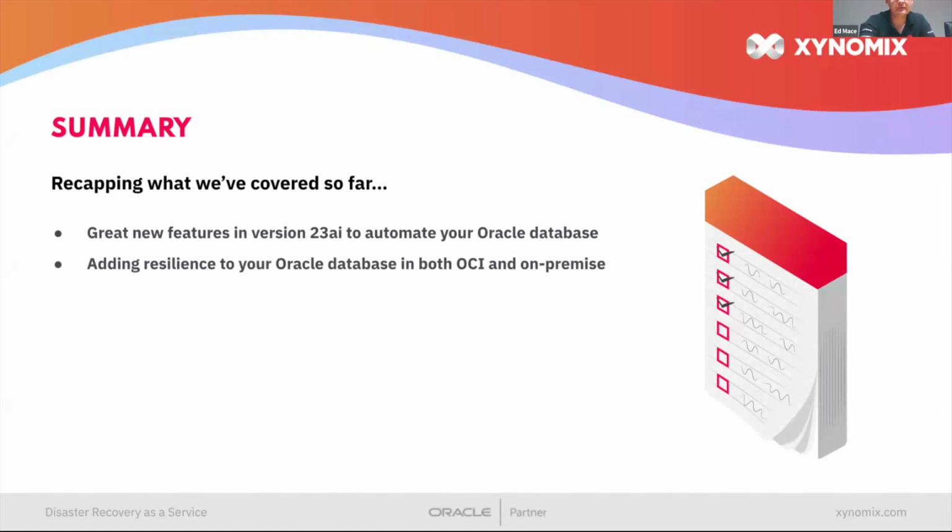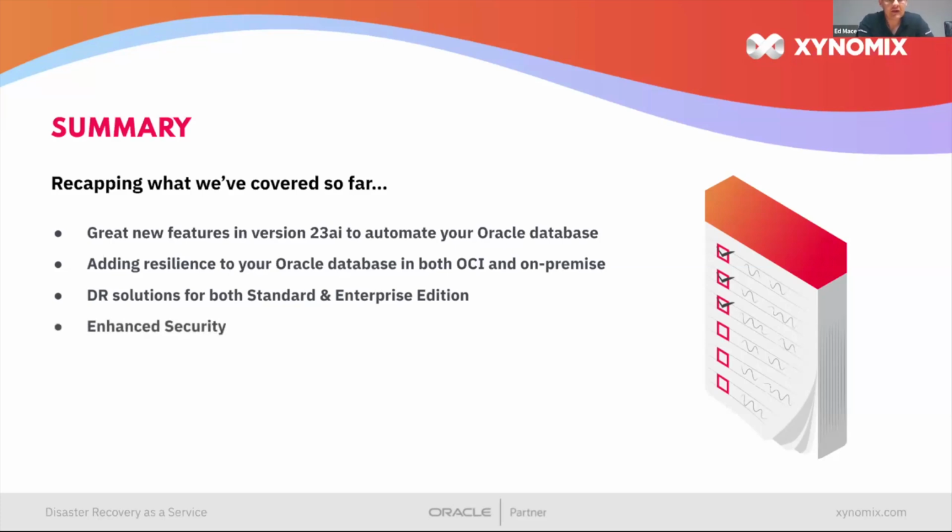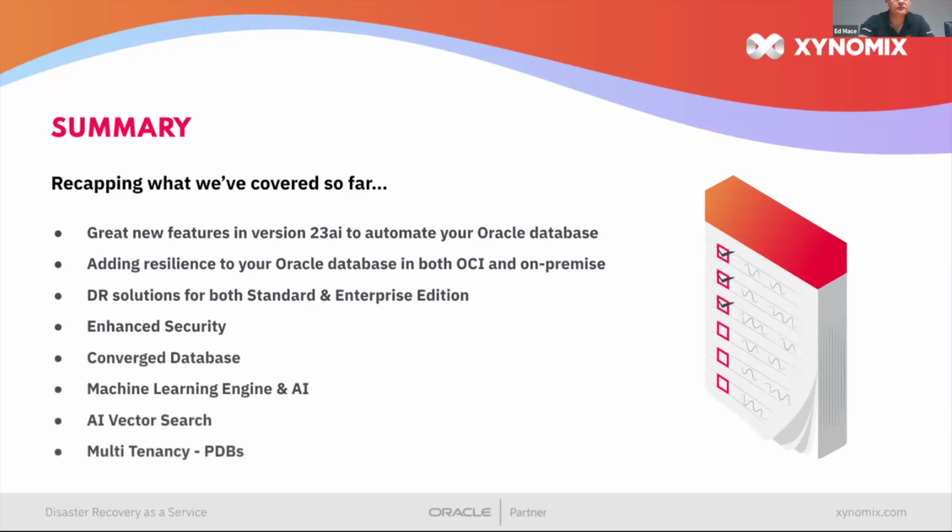So again, obviously building that level of resilience into organizations to ensure that they've got a disaster recovery plan. We've also seen for both standard edition, so the Dbvisit component, and then DataGuard for Enterprise, the abilities and capabilities they provide, as well as a multitude of additional new features within 23 AI.